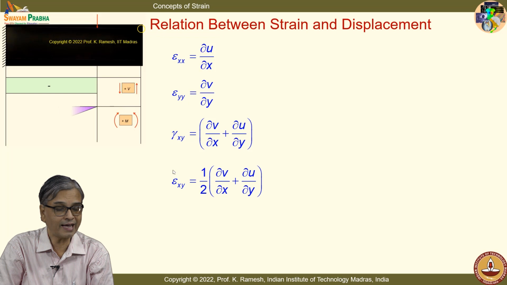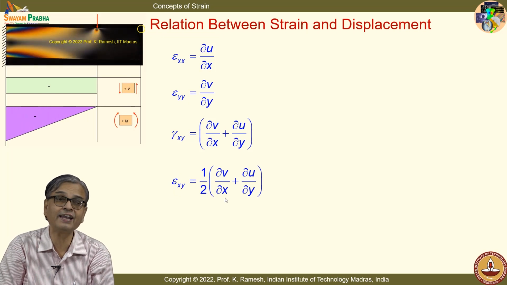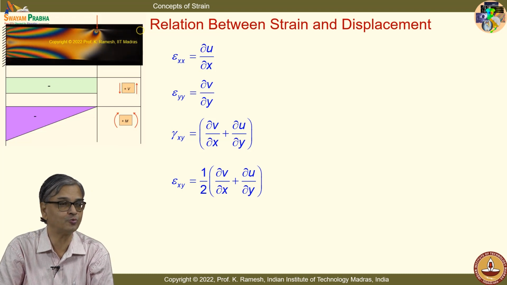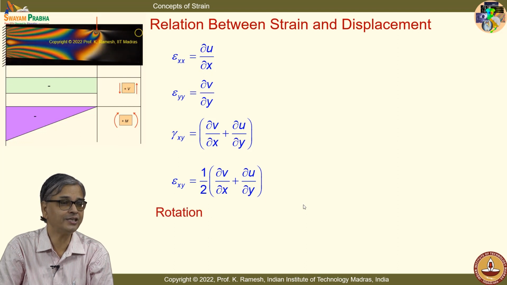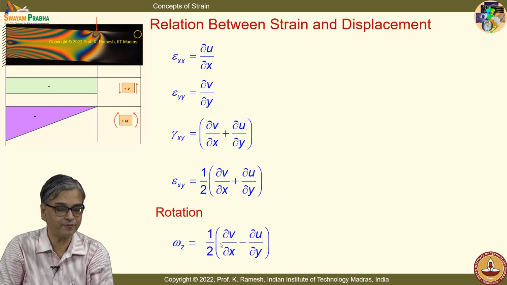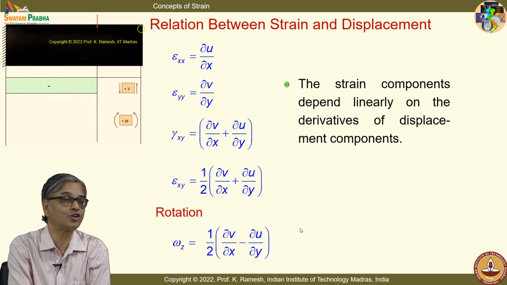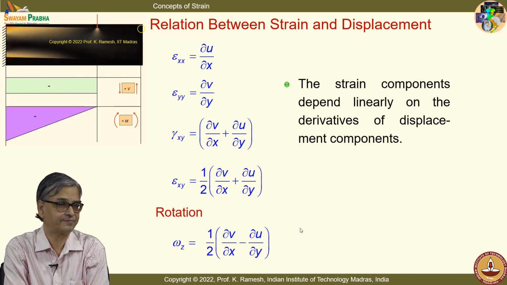And what transforms like a tensor is only epsilon xy, which is defined as 1/2 of dou v by dou x plus dou u by dou y. And what is the rotation? Omega z, we have seen half of dou v by dou x minus dou u by dou y. And we have already seen, these are all infinitesimal strain components, very small.